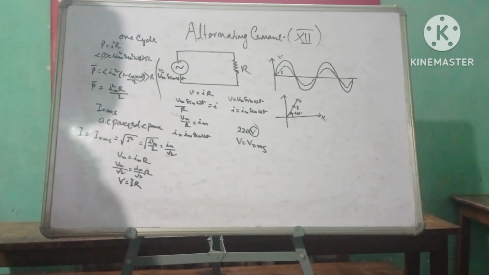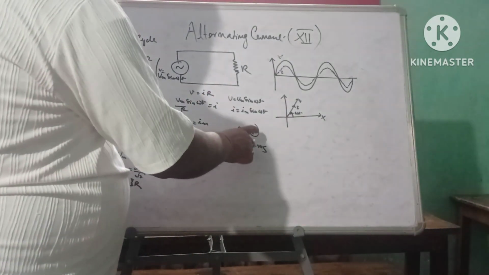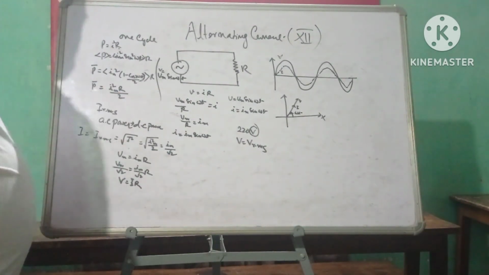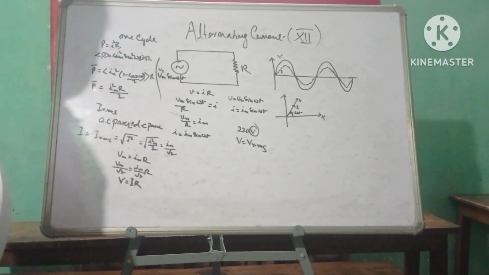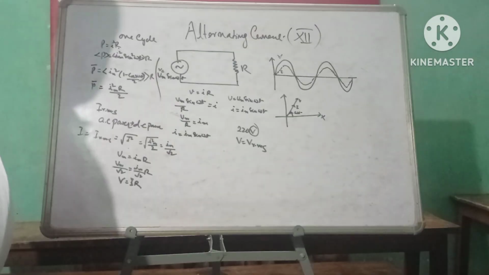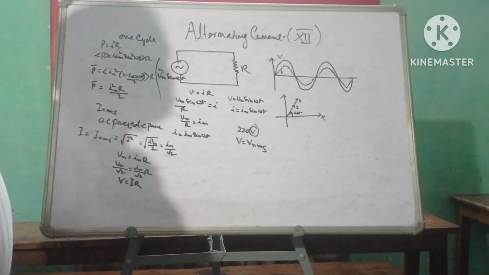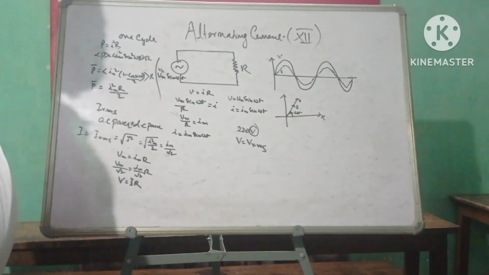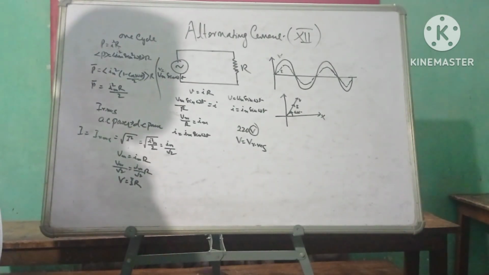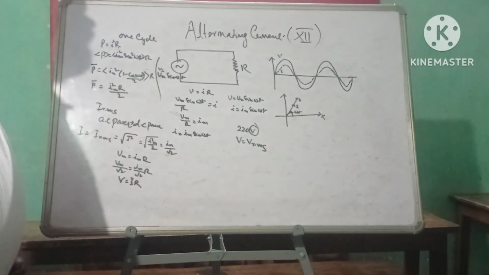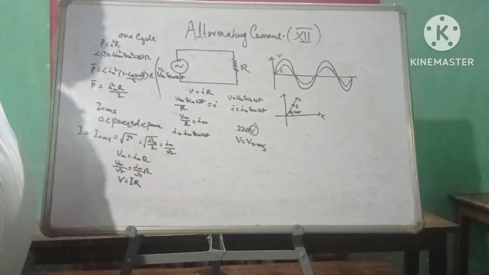Such basic things you must remember: the voltage you are getting in your house is VRMS, equivalent to DC voltage. Already it has been told that AC power can be expressed as DC power with the help of IRMS, the effective current, equivalent to your DC current. So these are the basic concepts.